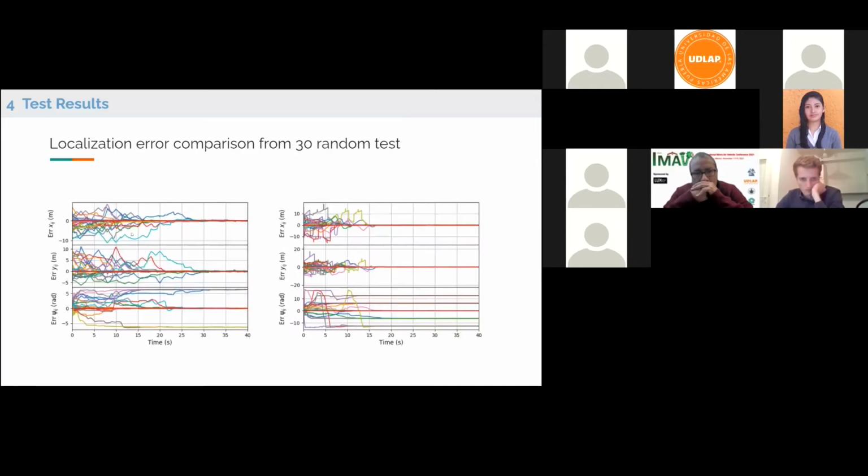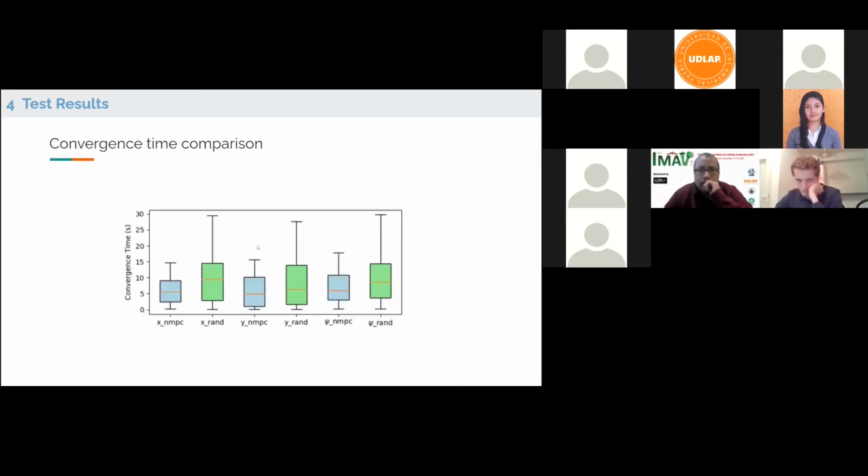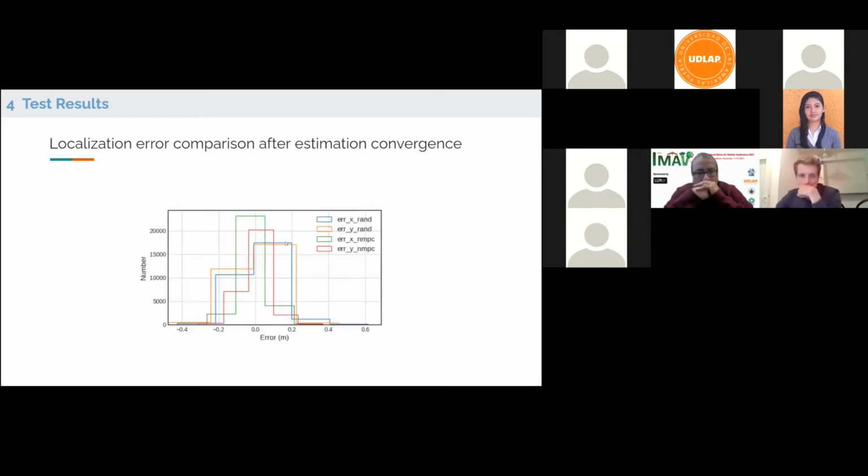And also we give some quantitative analysis of the localization convergence time. So here, the red figure means the optimal control has a short convergence time compared to the random velocity input. Here you see for all three dimensions, the convergence time is smaller for the optimal control than for the random input.